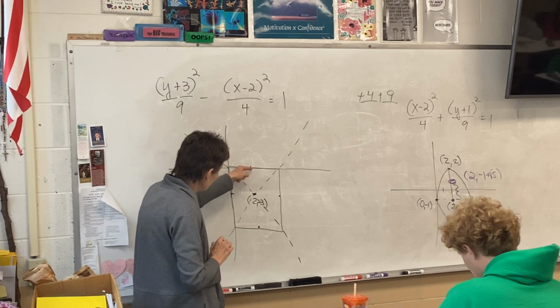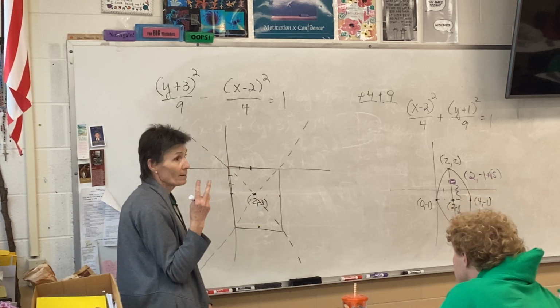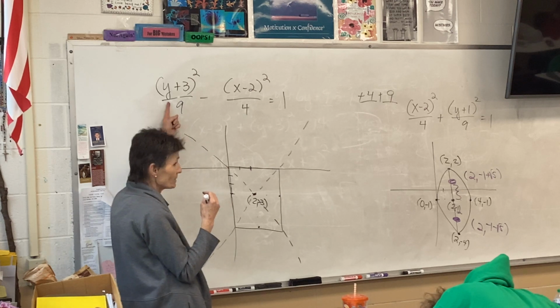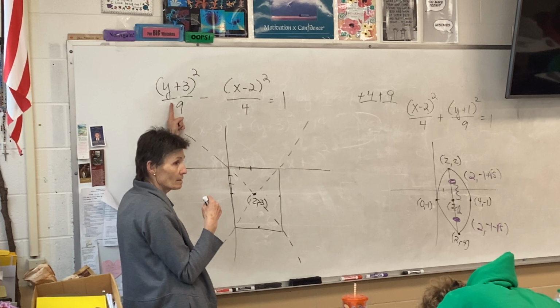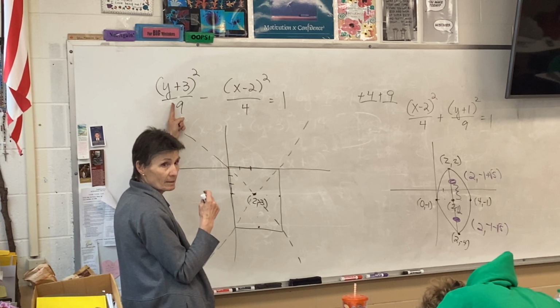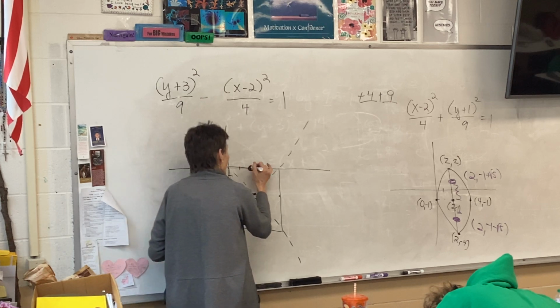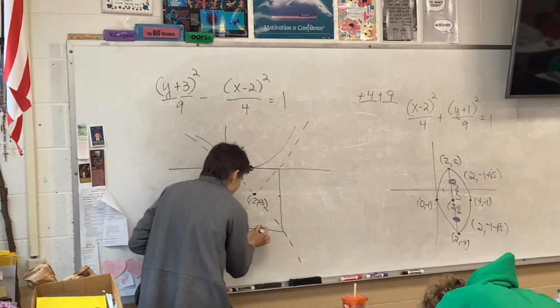Now, when I made the box, connected those 4 points, 2 of them I need. 2 of them are important to me. For this particular hyperbola, which are the 2 important ones? Top and bottom of the box? Because that is the way the hyperbola opens.